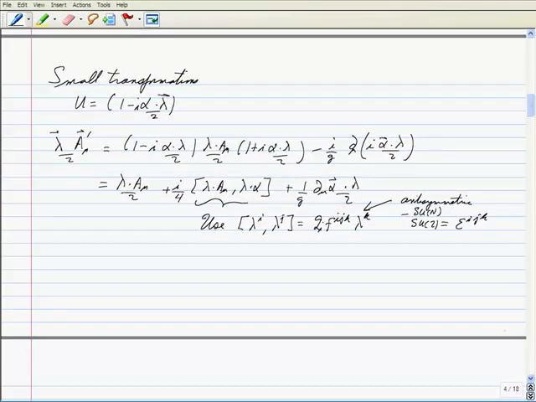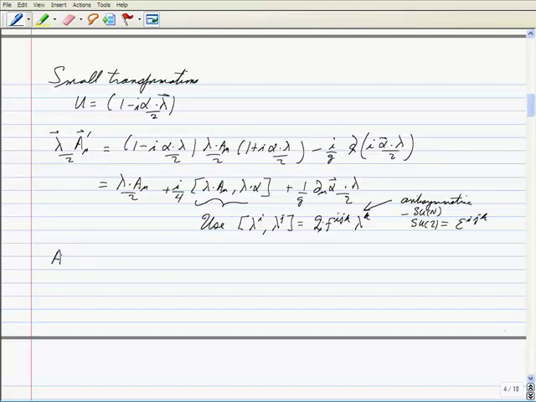Then if that's the case, this is linear in lambda. This one becomes linear in lambda after the commutator. This one is linear in lambda, so I can pull out a factor: I take the trace with lambda i to get rid of it.